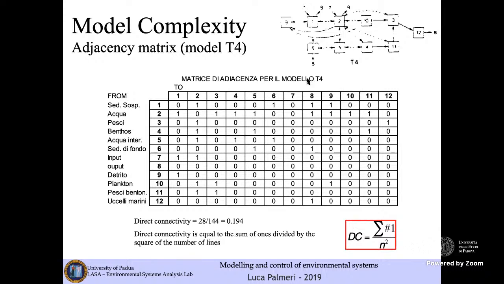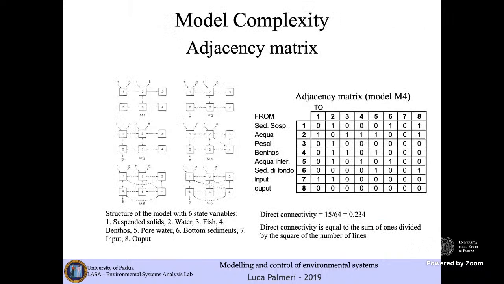So if everything is connected to everything, we will have n square connections, direct connectivity. So we are normalizing the number of ones by the totality of possible ones that may appear in our description.